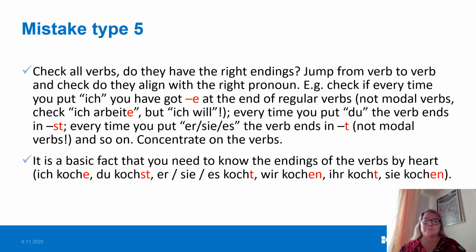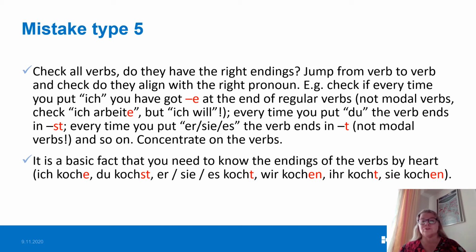The next type is all about verbs. So check all verbs. Do they have the right endings? Jump from verb to verb and check, do they align with the right pronoun? For instance, check if every time you put ich, you have got e at the end of regular verbs. Not modal verbs. Check, ich arbeite, but ich will.